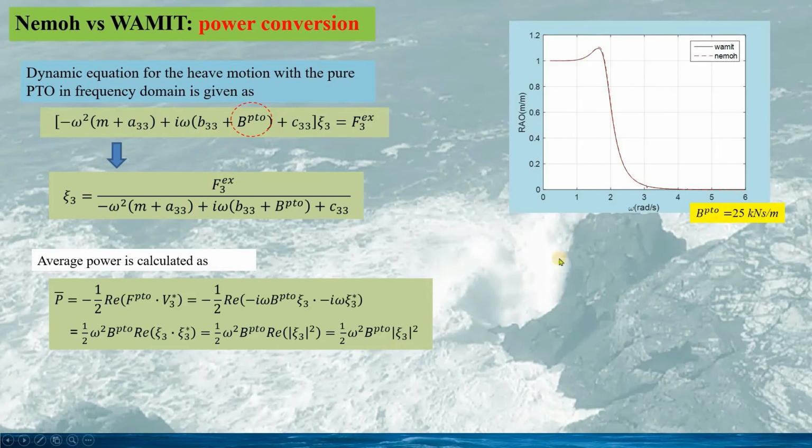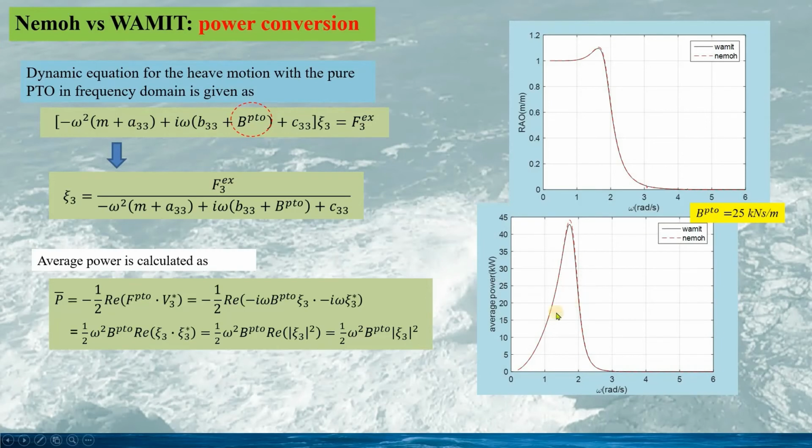So for the same PTO, we can obtain the average power shown here. So we can see the maximum power conversion is about 42.5 kilowatt, and the maximum power conversion happens at the natural frequency of the device. You can see omega 0 equaling 1.8 radians per second.